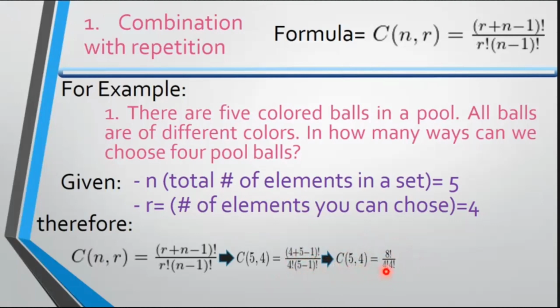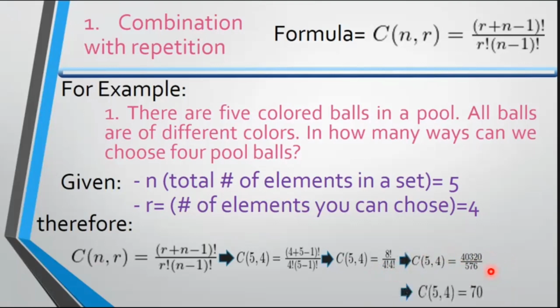So 4 factorial multiplied by 4 factorial. Next is 8 factorial, with the total of 8 times 7 times 6 times 5 times 4 times 3 times 2 times 1, which is equal to 40,320. So 4 factorial is equal to 4 times 3 times 2 times 1, which is 24, and the other 4 factorial, same lang siya, so multiply nimo siya, with 576 as our answer.